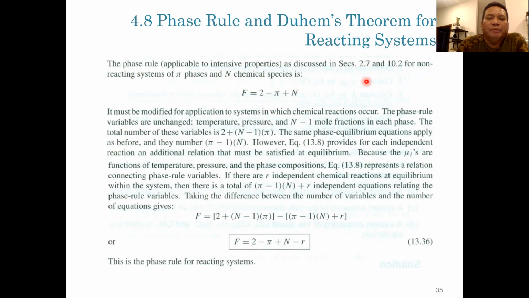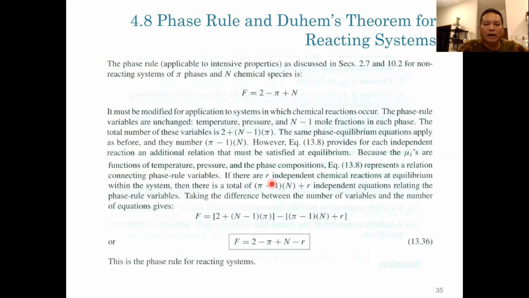As you have done earlier for non-reacting systems, the degrees of freedom can be denoted by this equation, 2 minus pi plus n, where pi is the number of phases and n is the number of species. But when you have a reacting system with more than one reaction, we should add R.